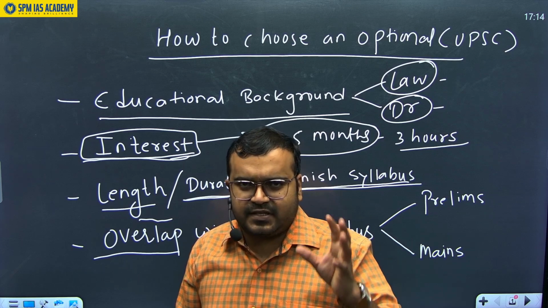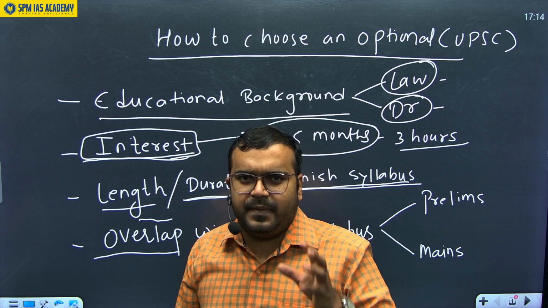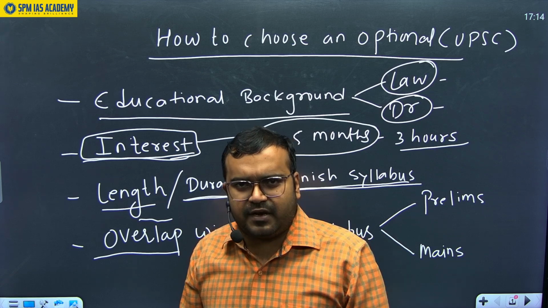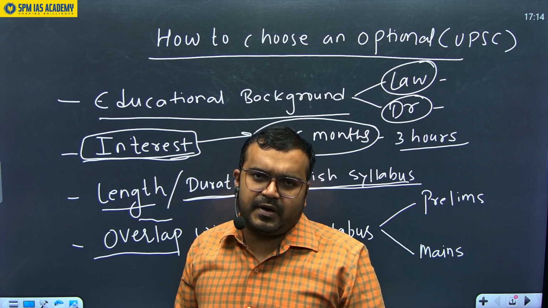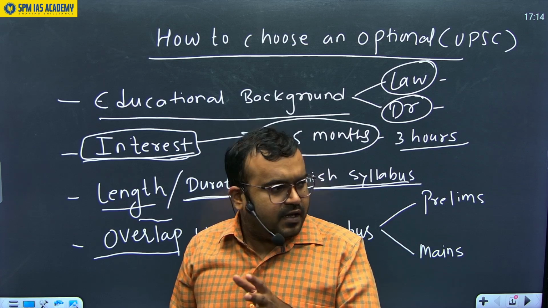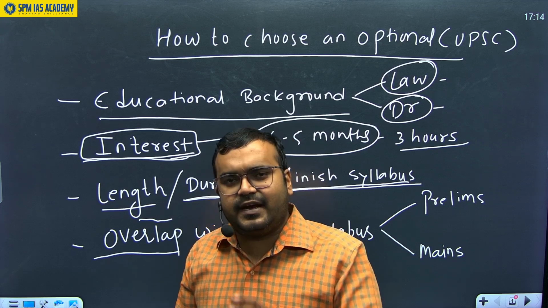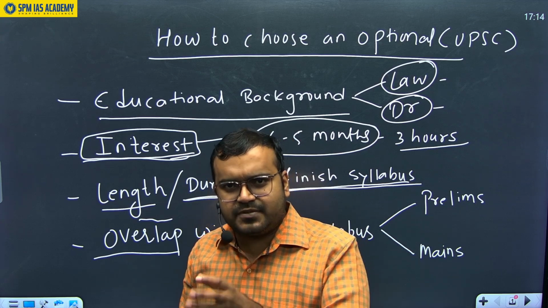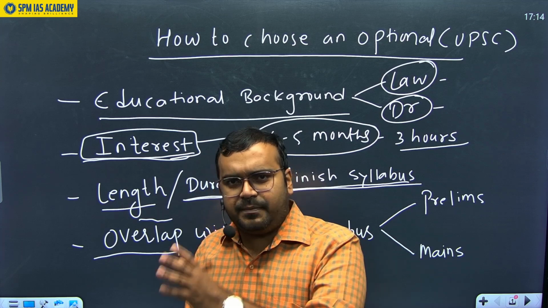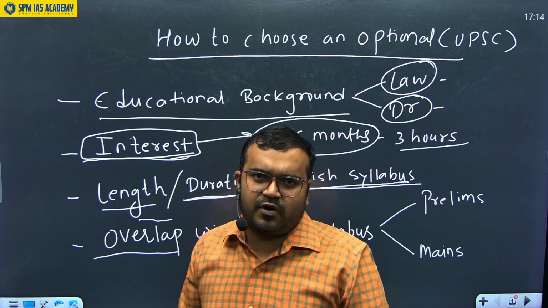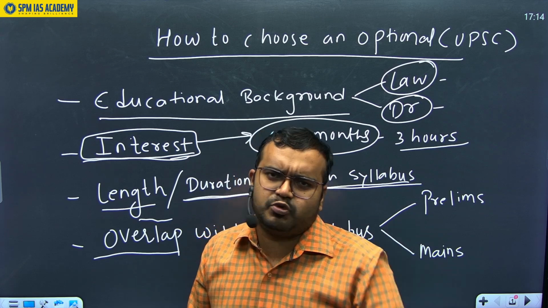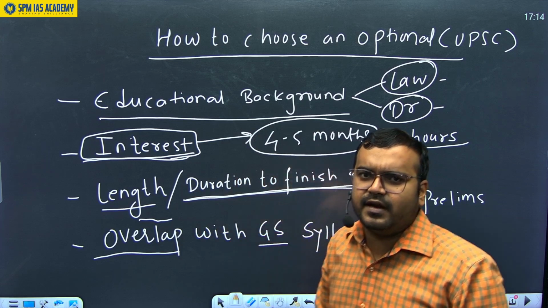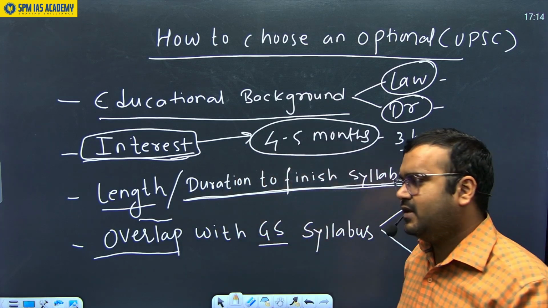That makes these three humanities-based subjects a crucial choice. Similarly, in general studies paper 2 you will have political science and international relations, which come in very handy. In paper 3 you will have economics, right? And in paper 4, philosophy and psychology to some extent can help you gather better marks, right?